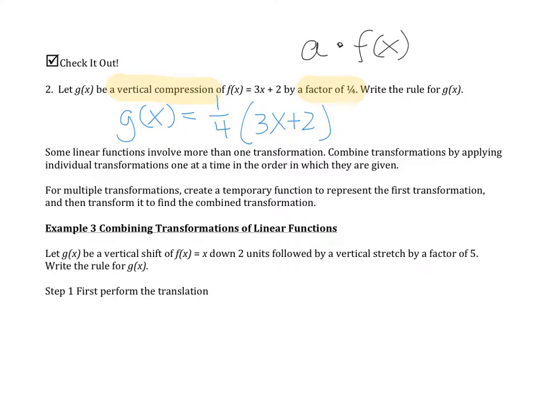I would be okay with you leaving it in that form. However, I think the book might multiply it out so that it's in mx plus b form. 2/4, right, reduces, I'm just going to erase, to 1/2.